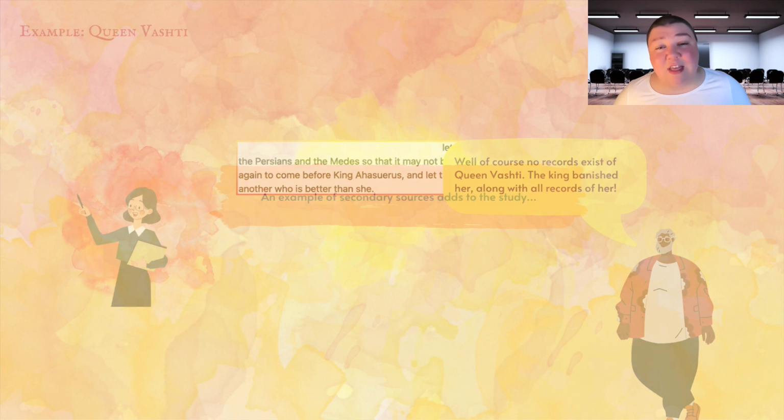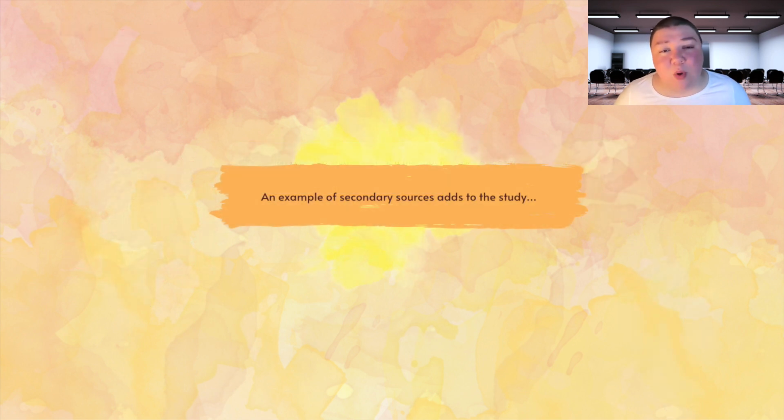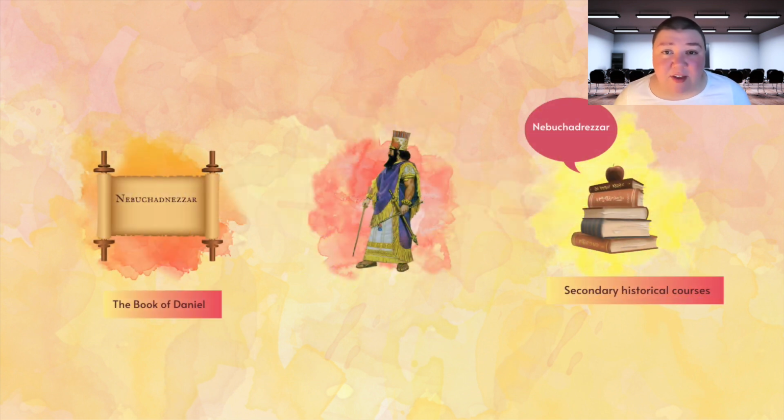Now, let's look at the opposite kind of example, where secondary sources lend a helpful insight into clarifying the primary source. In the book of Daniel, we encounter the character of the Babylonian conquering king. According to Daniel, the author of the book, this king's name is Nebuchadnezzar.